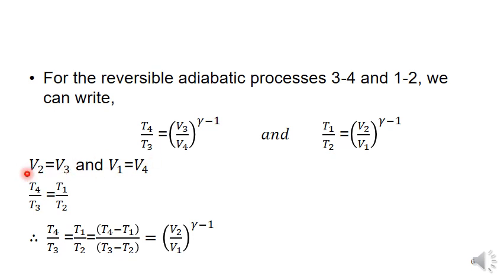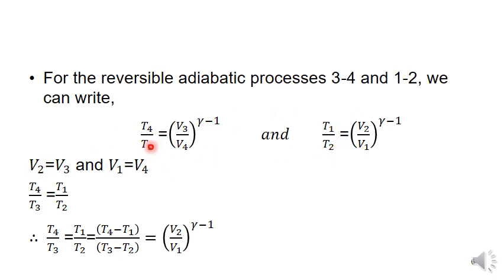So if you substitute V3 equal to V2 here, T4 by T3 is equal to V2 by V1. So T4 by T3 is equal to T1 by T2.